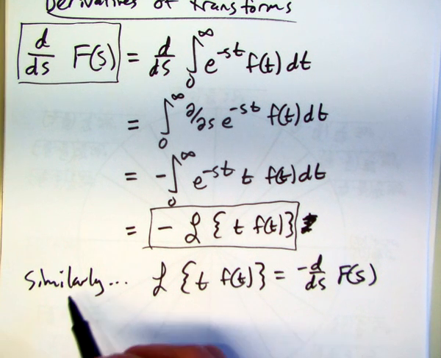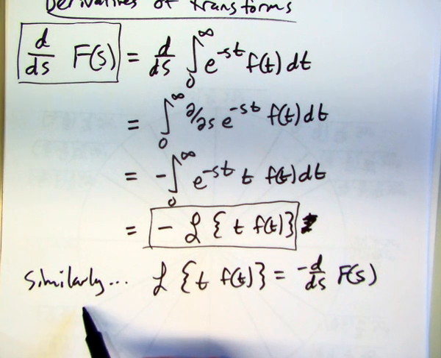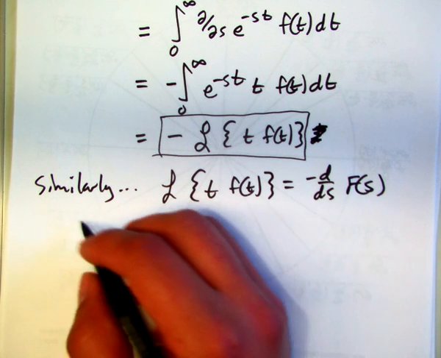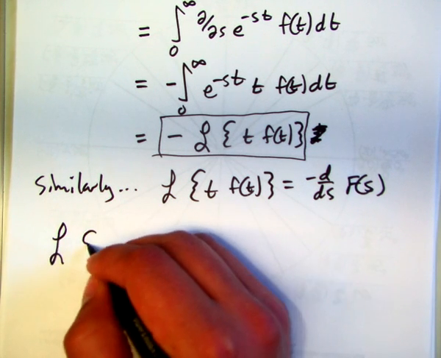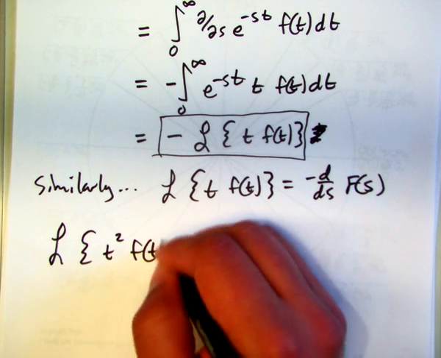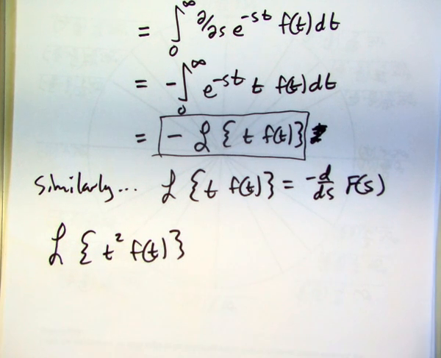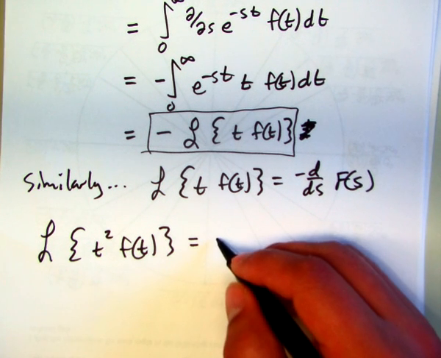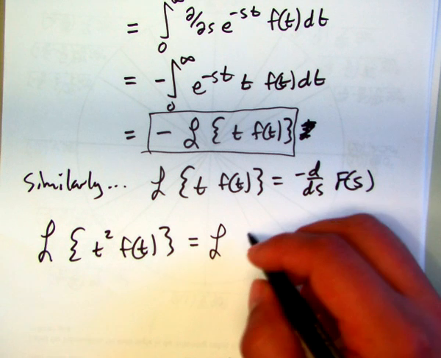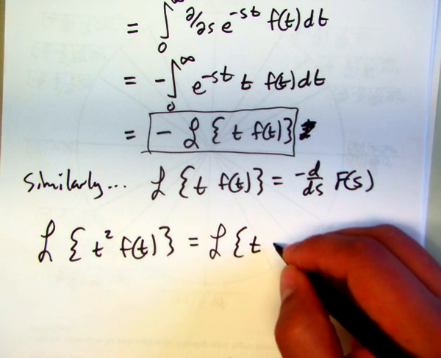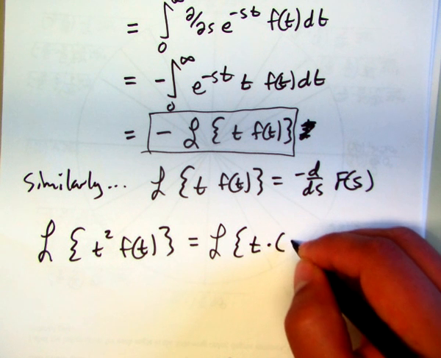Now, we'll do one more case so we can have a general rule. Let's say I had the Laplace transform of t squared times f of t. Then what we can do is say that this is the same as taking the transform of t times t f of t.